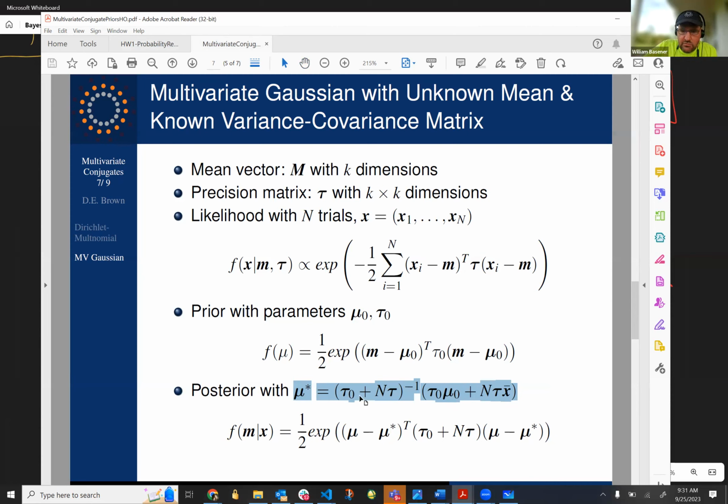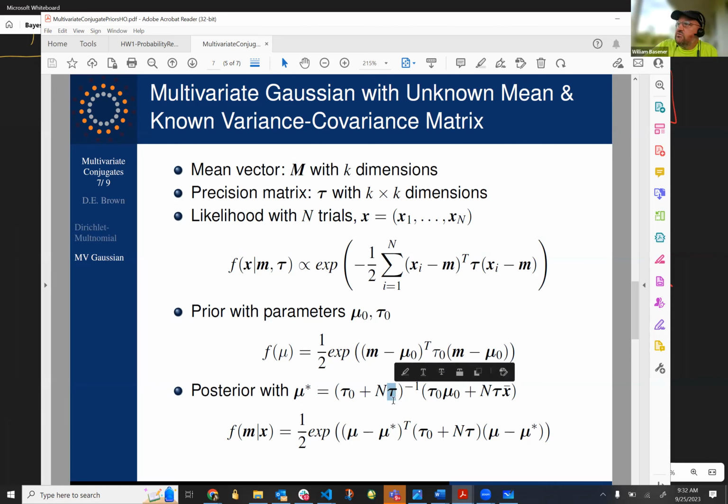The mean for each group is going to be tau naught, which is our prior, our tau on the prior, plus n. Now I have to think about n a little bit. We'll come back to n. N is n trials, right? It's a number of observations times tau. And that kind of makes sense.